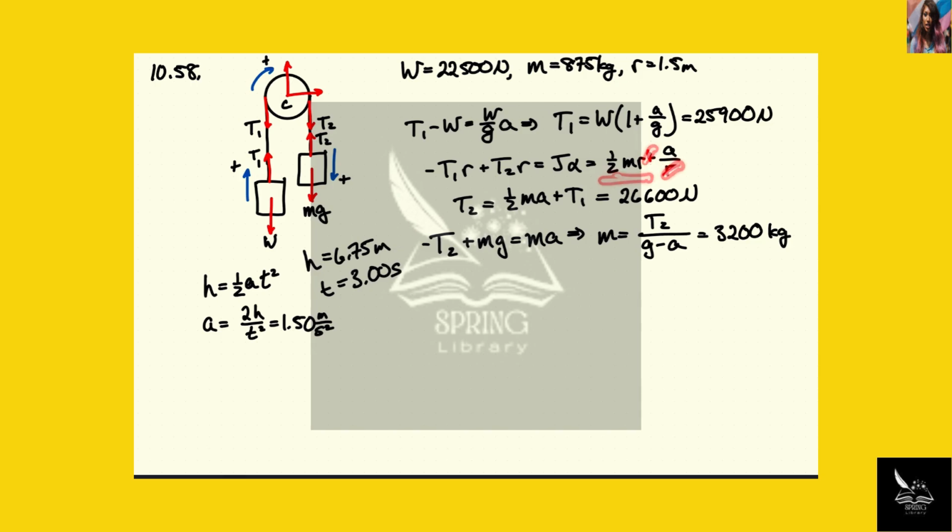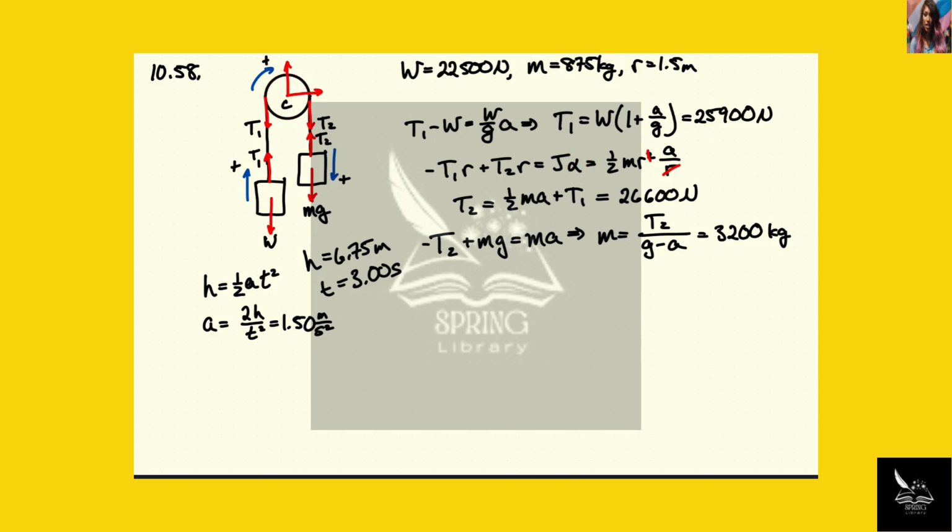So an R cancels out here, and we can solve for T2, and then an R cancels out there too. So we get T2 equals 1/2 m a plus T1. We know all of this now, so T2 is 26,600 newtons. Again, they're not quite the same on each side. If the pulley were massless, they would have to be the same, but because the pulley has some mass and it's accelerating, they are not.